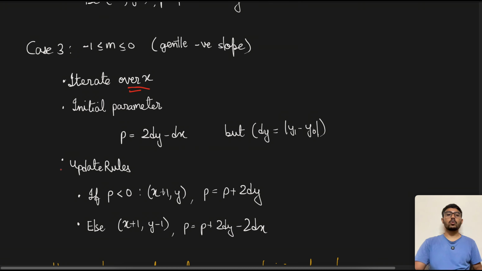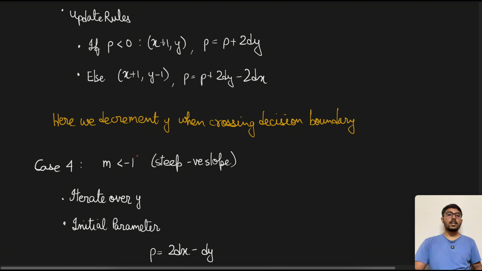So the update rules will be similar to what we had previously: p less than 0, x plus 1 comma y, p plus 2 dy, else x plus 1 comma y plus 1, where p equals p plus 2 dy minus 2 dx, right? Here we saw that we decrement y when crossing the decision boundary for the line, right?